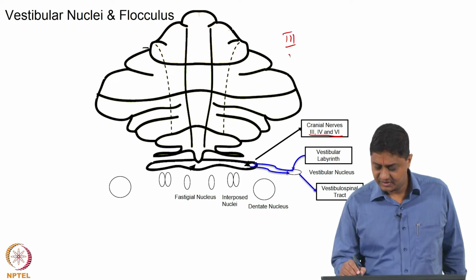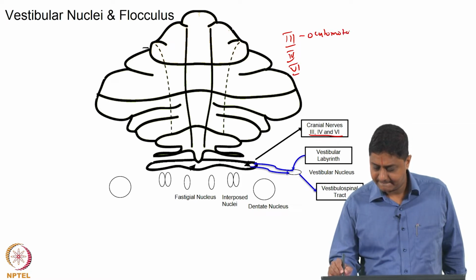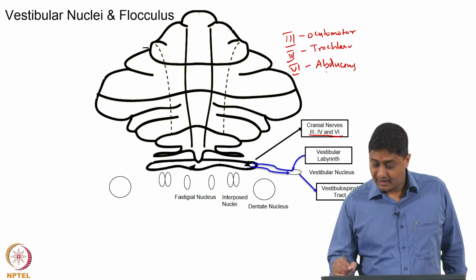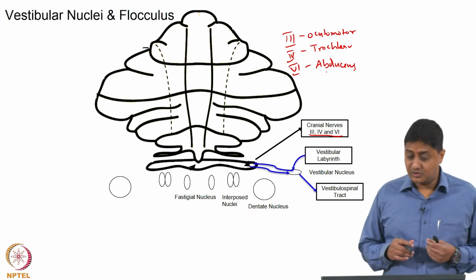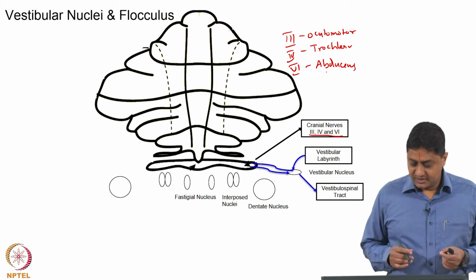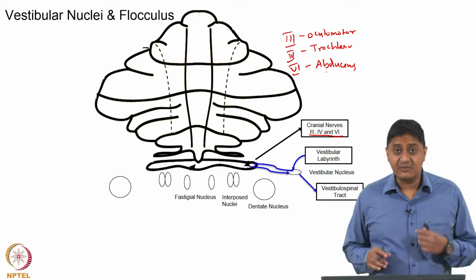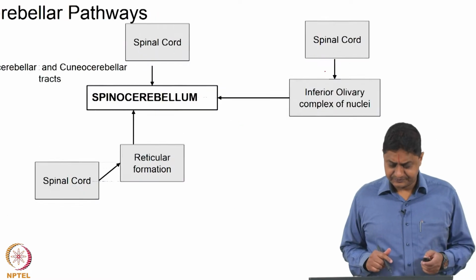Cranial nerve 3, 4 and 6, these are oculomotor, trochlear and abducens. These are cranial nerves that are responsible for control of eye movements, right. So, something that the vestibulocerebellum also participates in.